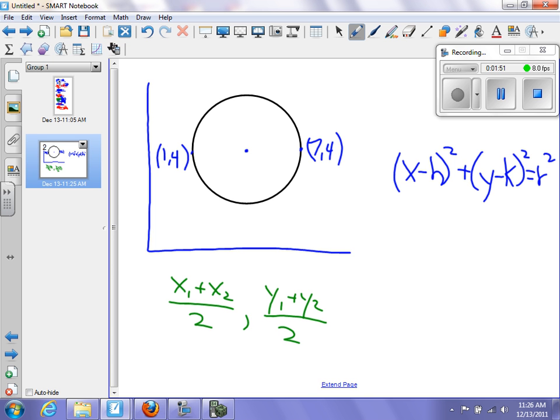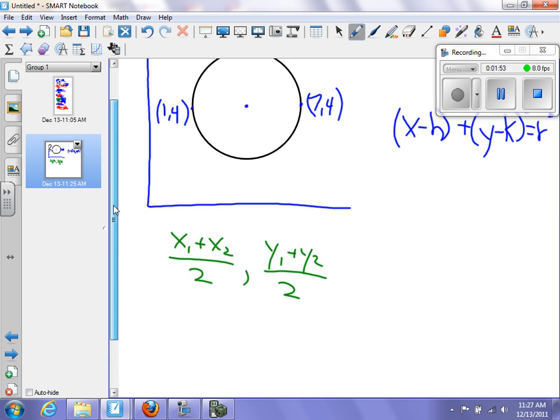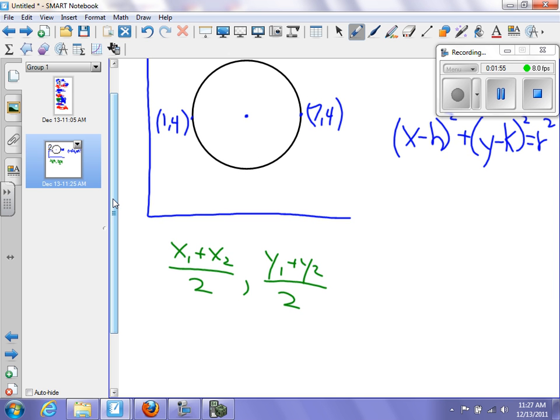So let's just follow that out a little bit. x1 plus x2 would be 1 plus 7 divided by 2, comma, and y would be 4 plus 4 divided by 2.